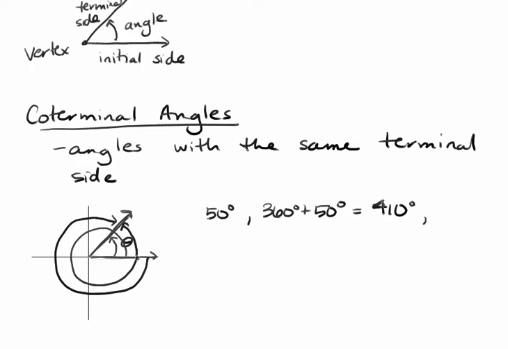Going in the opposite direction, instead of going counterclockwise, we've gone clockwise, so we've done the negative. That would be going around not the full 360, but 50 less than 360. So it would be negative 310 degrees. If we did, say, 2 revolutions around and then added our 50 degrees, that would be another coterminal angle to our 50 degrees.